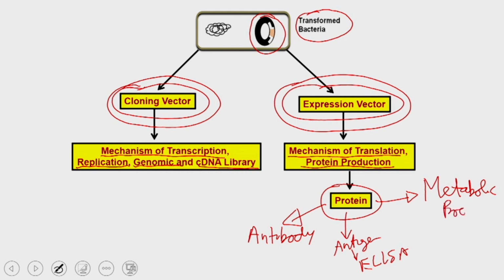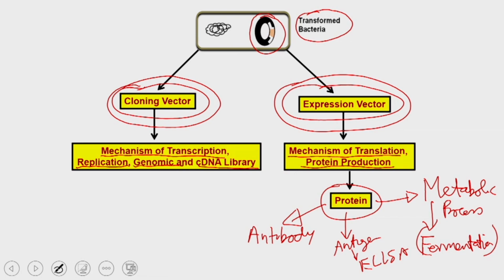which means that once you use this protein product in the metabolic processes, you are actually changing the outcome of the process known as fermentation.